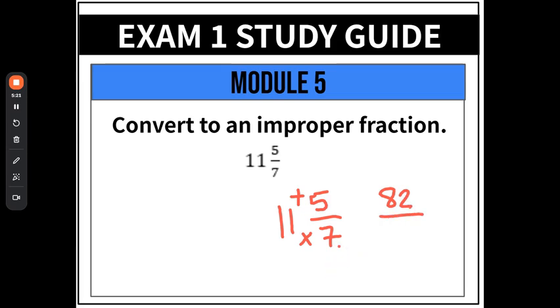And then what's on the bottom? Well, we're going to keep the same denominator as what we have here in the mixed number, so it's going to be 82 over 7. And since we can't simplify this any further, 7 is a prime number, this is all we have.